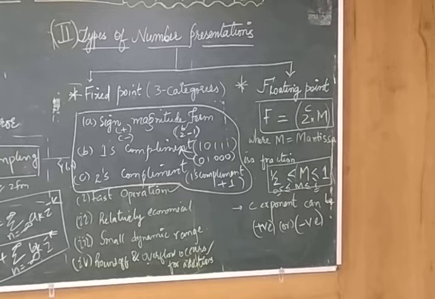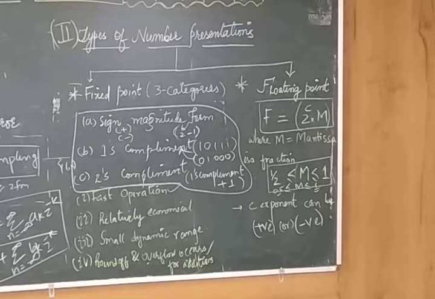Fixed point is used mostly in small computers, whereas floating point arithmetic is used in larger and general purpose computers. That means for all kinds of computers, whatever scientific calculators we are using, we are going for floating point. Okay, so this is the way fixed point and floating point number representation has been done.